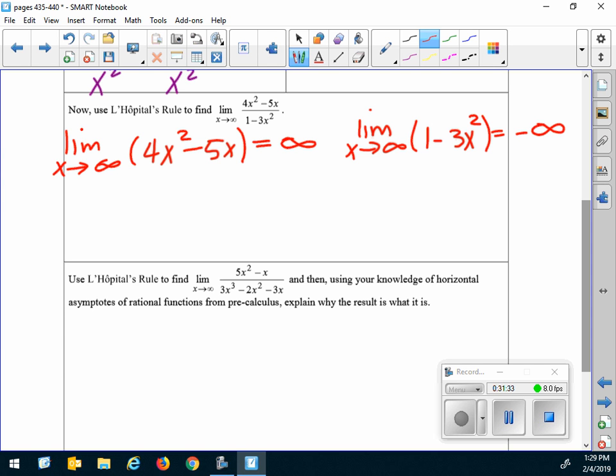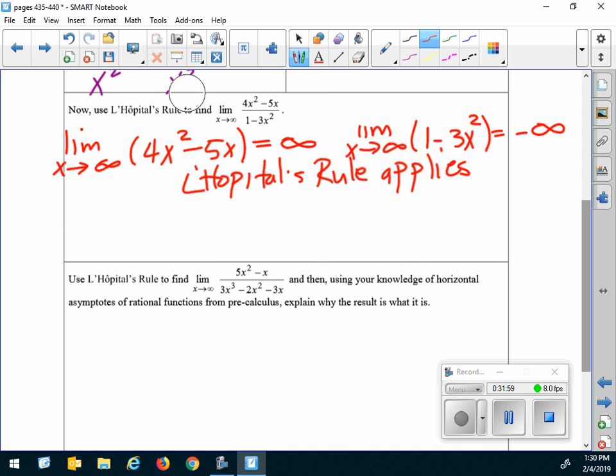What I have here is infinity over negative infinity. That is indeterminate form. L'Hopital's rule applies. You got that?